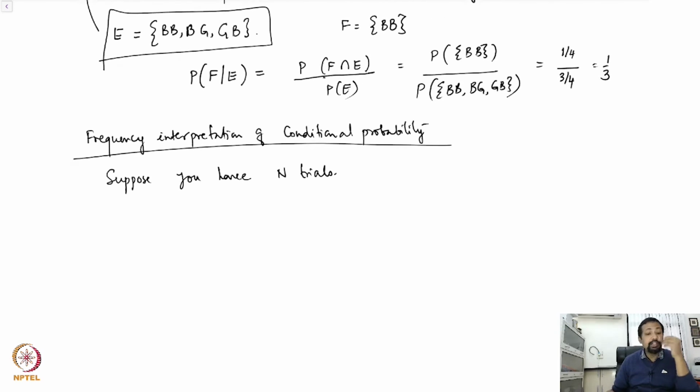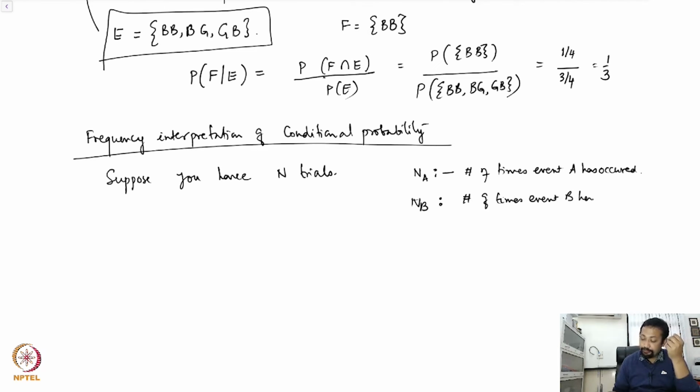And then essentially you count the number of times that event A has occurred, and let's denote it as NA, the number of times event A has occurred, and NB is the number of times event B has occurred. And one can also have the number of times when both A and B have occurred.